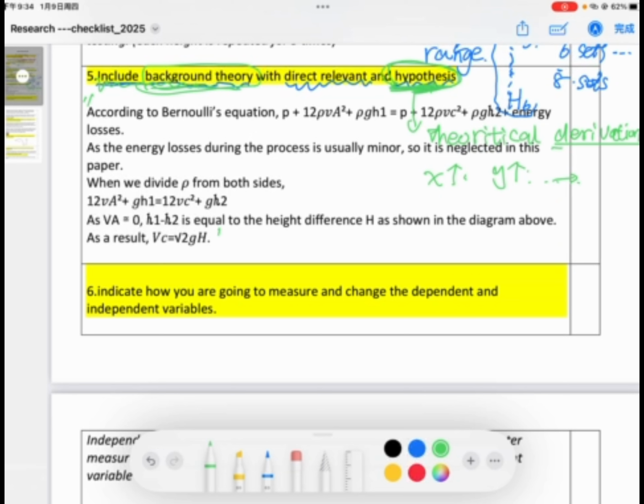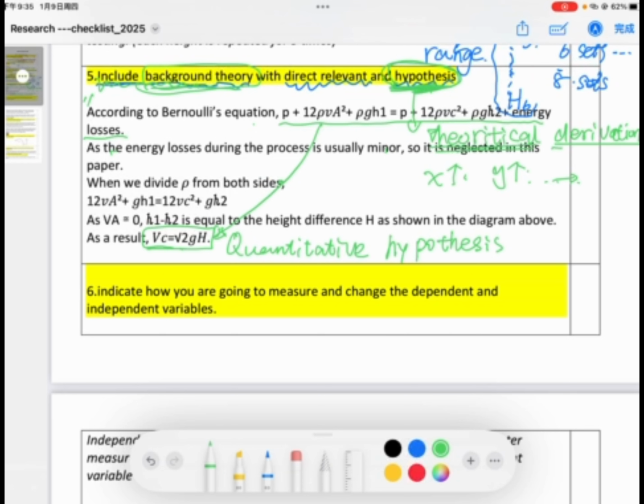Very often I will see a hypothesis like, for example, as x increases, y will increase, and this is very superficial, and it is not enough to get a good mark. So this hypothesis should have a theoretical background and some theoretical derivation. For example, over here, if you were talking about Bernoulli's equation, you got some research, and then you got this equation, and from this equation you derive another equation, and this is an equation or quantitative hypothesis. Ideally, a good IA should have a quantitative hypothesis based on theoretical derivation.